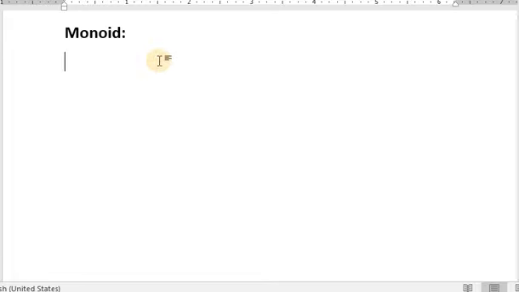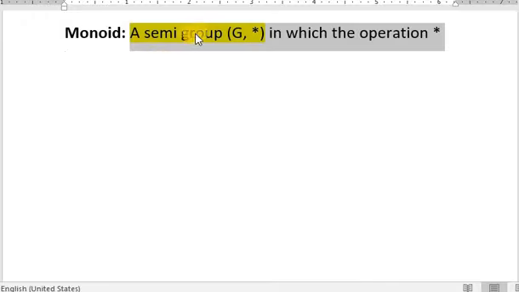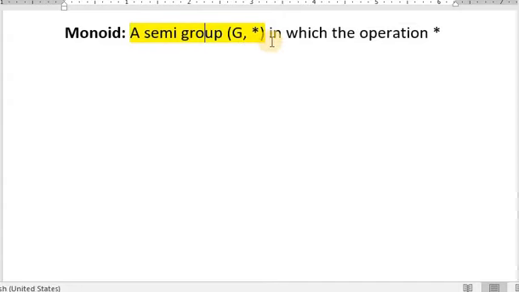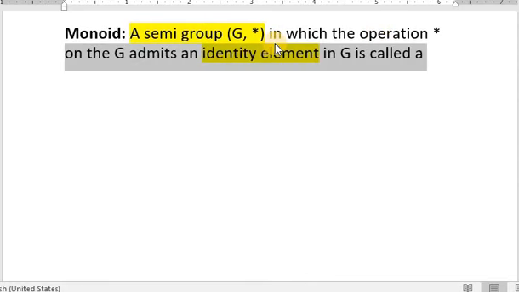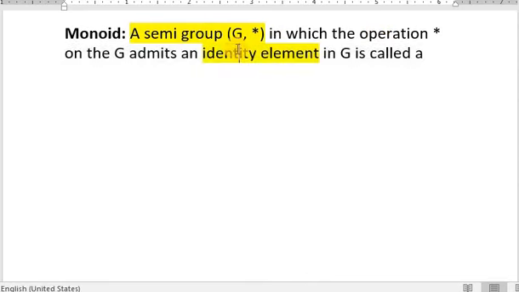Then another concept, monoid. Monoid is nothing but a semigroup (G, star) in which the operation star on G admits an identity element, then G is called a monoid.